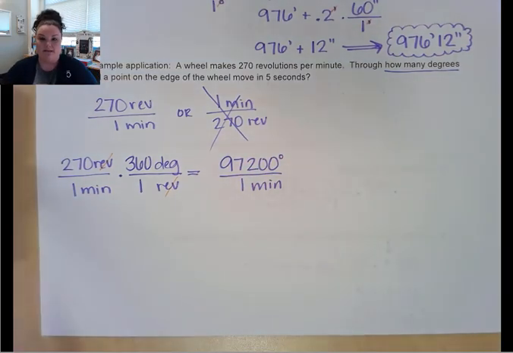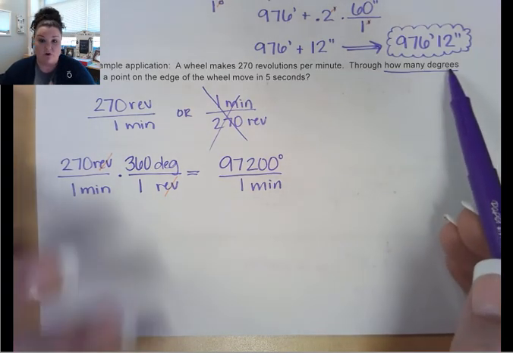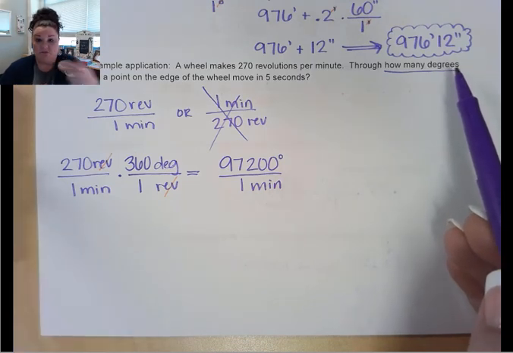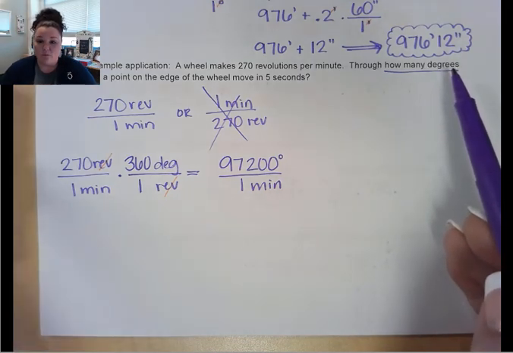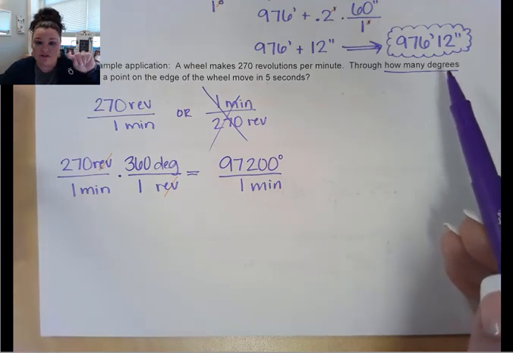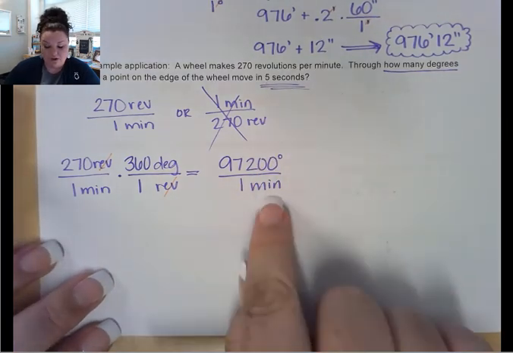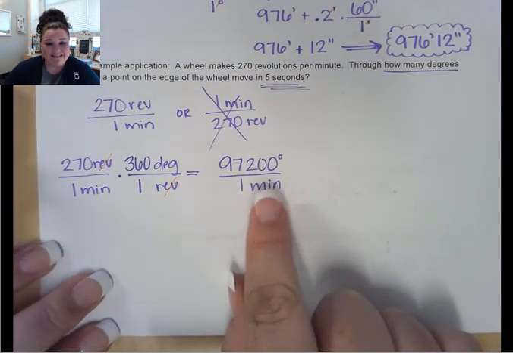Let's go back and make sure I know what I'm talking about. It wants to know through how many degrees, so our answer should be in degrees. But it wants to know how many degrees that spot on the wheel has moved in 5 seconds, so we don't want minutes, we need seconds.